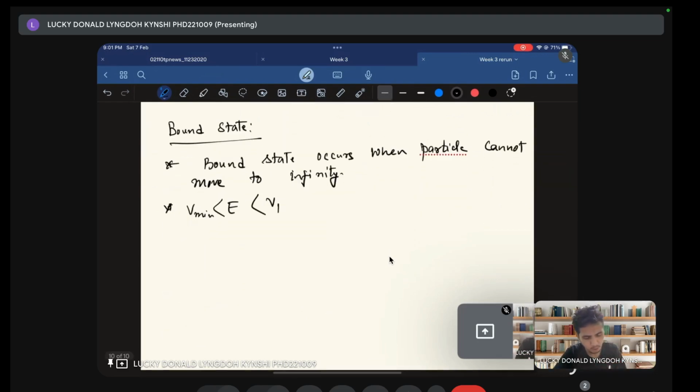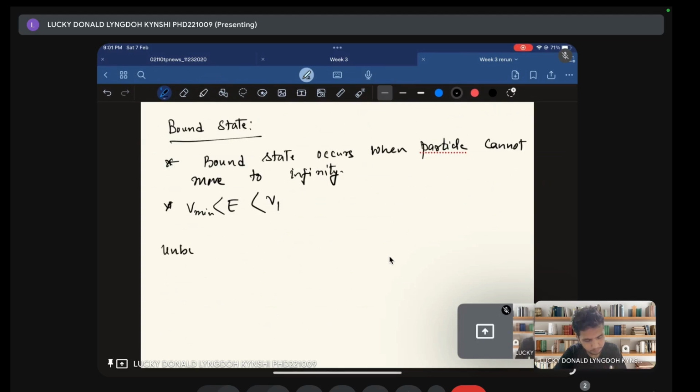Another thing is the unbound state. Unbound state means E is greater than V1 but less than V2. This is one unbound state. Why?